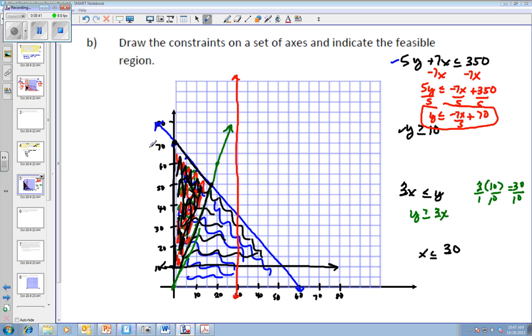Okay, so let's write down our ordered pairs. This one right here is going to be (0, 70). This one right here, that point right there is going to be (0, 10). This point right here, okay, do you remember what that went with? That was this right here. So that's going to be, let's see, when x is 10, let's say, so this is it right here.